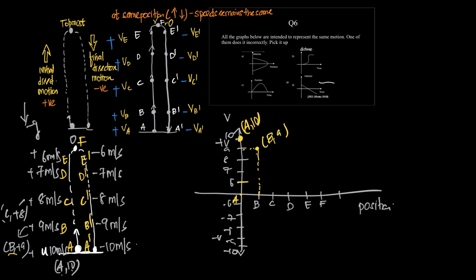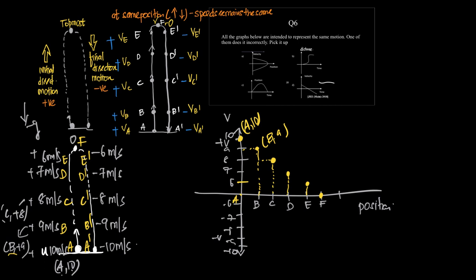What is the third coordinate? Third coordinate is C comma 8, right? Now I don't need to explain it further. What will be for D? It will be D comma 7. For E, it would be E comma 6. For F, it would be 0.